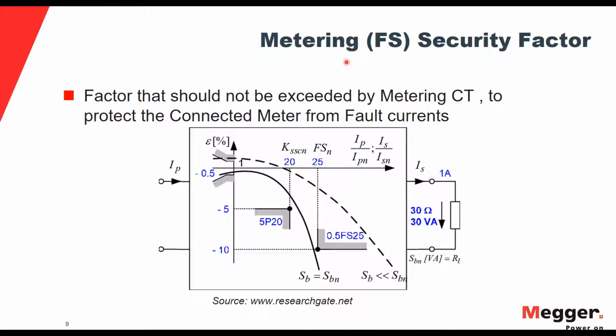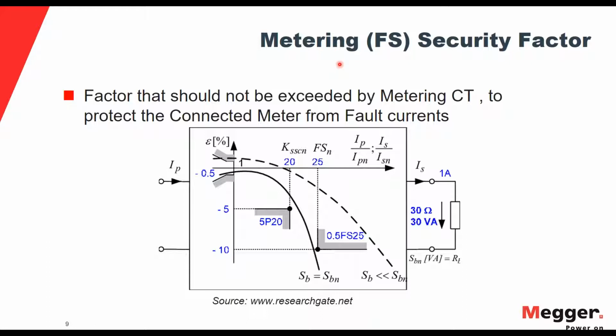So when I have a security factor value of FS, usually 5 or 10, it means that at this number of times the rated current, the metering CT should saturate, meaning that it should not be able to transfer the primary waveform to the secondary side. This saturation will not allow the meter connected to this CT to read the fault currents, and thus will protect the meter from any damage or high voltages during these fault conditions.